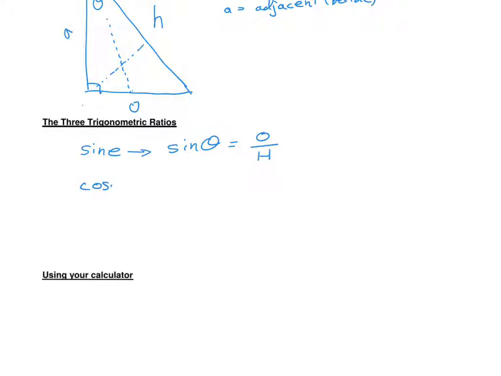Cosine is given by cos of theta is equal to adjacent over hypotenuse. Tangent is tan of theta, which equals O over A.